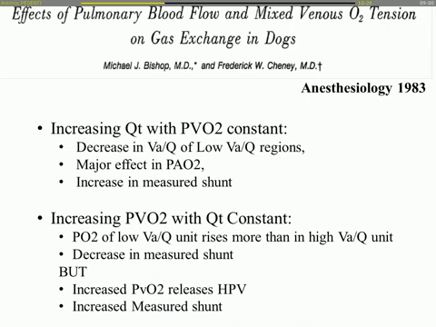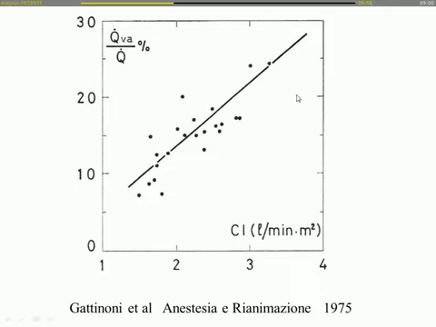Then matters are more complicated because what counts is the body. And then you have effects and counter effects. The time is short. I'm not brilliant enough to tell you many things in few minutes. But if you have an interest in it, go and read these papers and old stuff, with good physiology in it. This is a paper by Luciano Gattinoni, 1975, showing that under certain conditions, when cardiac index increases, intrapulmonary shunt increases.